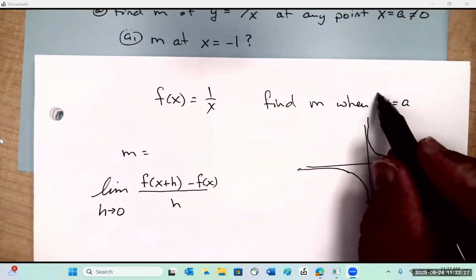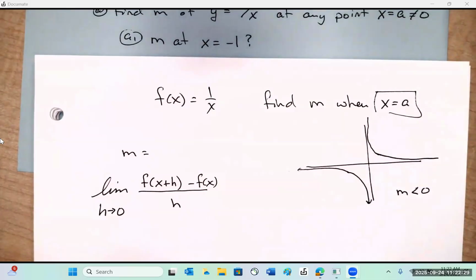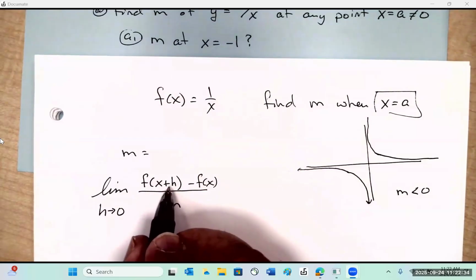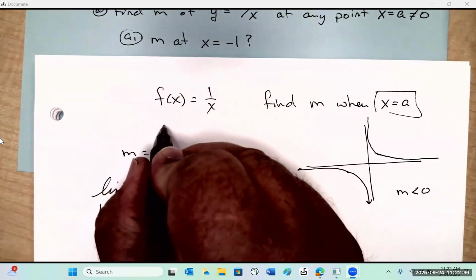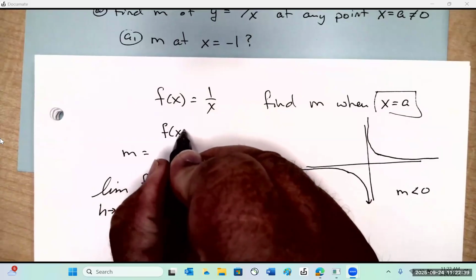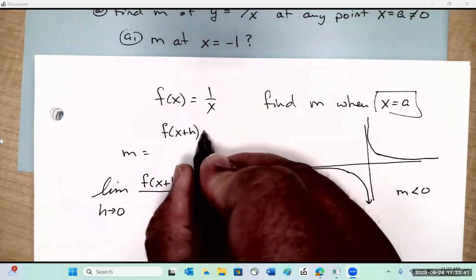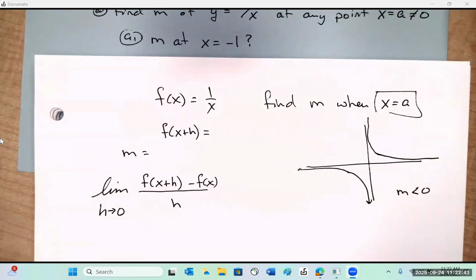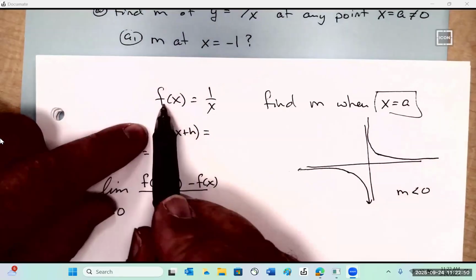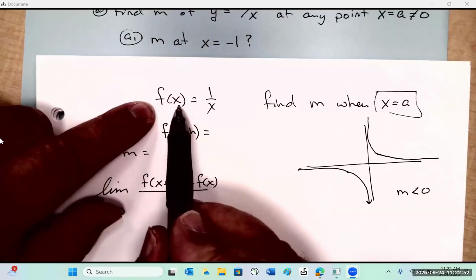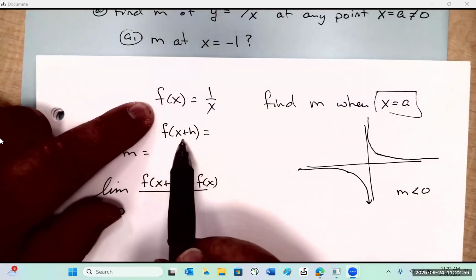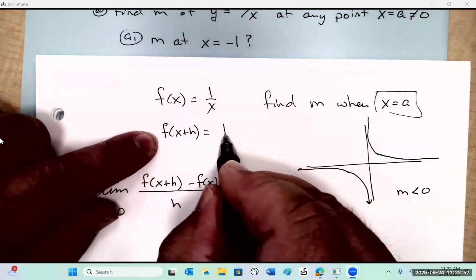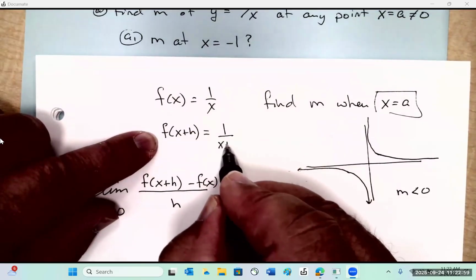But do we have an f of x plus h anywhere? No, we have to find it. What is that going to look like? Here's the f function. In place of x, what do I put? X plus h. It's whatever's in the parentheses. So it's going to be 1 over x plus h.